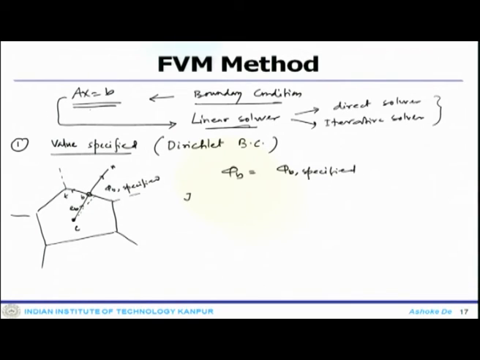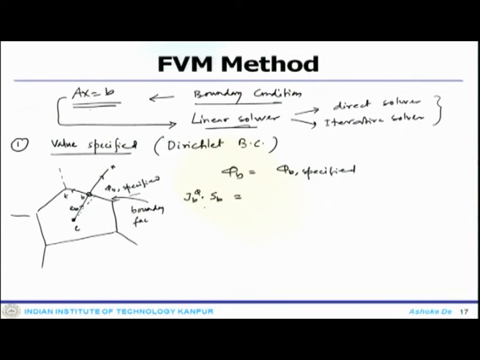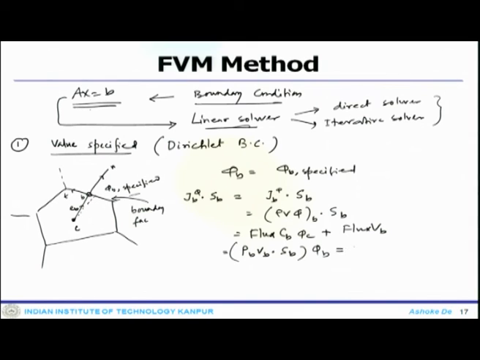Then at that particular face, this is the boundary face, if you look at this integration, JB phi dot SB, if you just say the convective part, rho V phi B dot, so this is flux C B phi C plus flux V B. So, this will get you back rho B V B dot S B phi B, which is nothing but m dot F phi B specified.